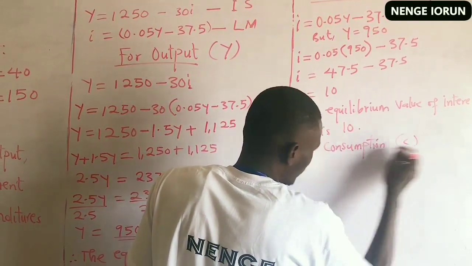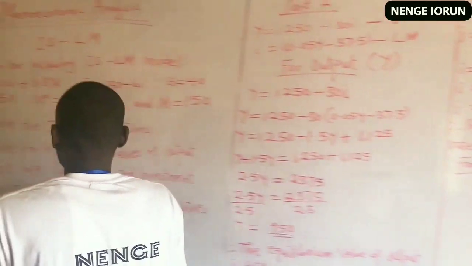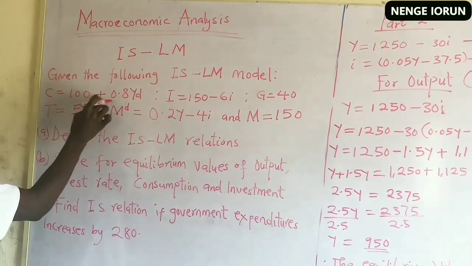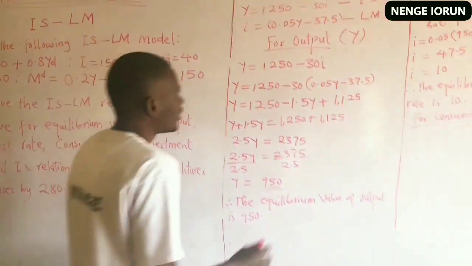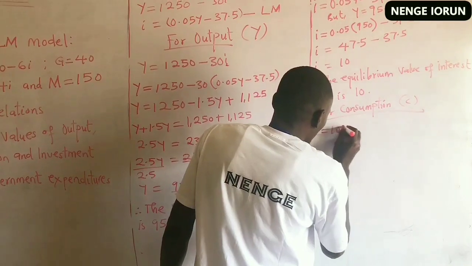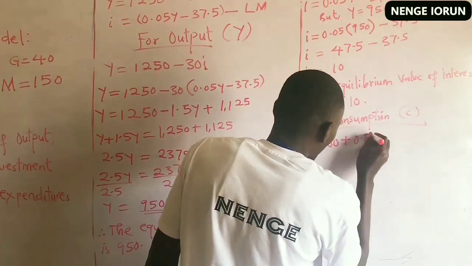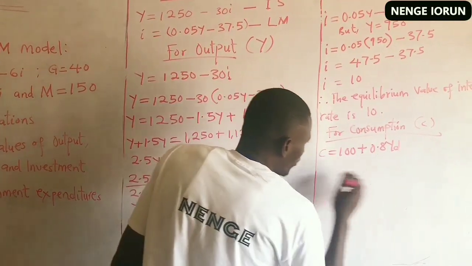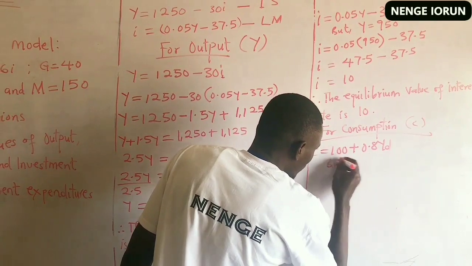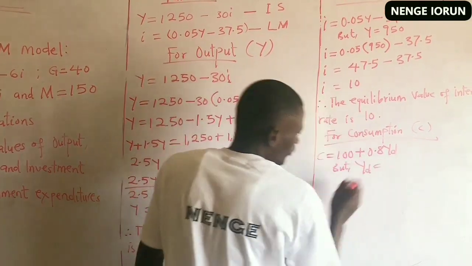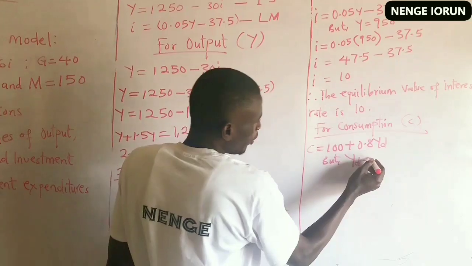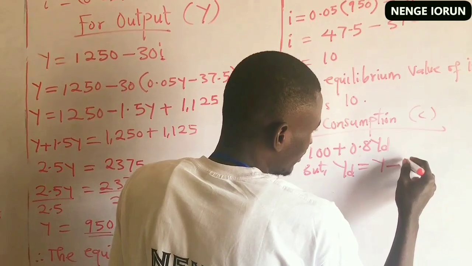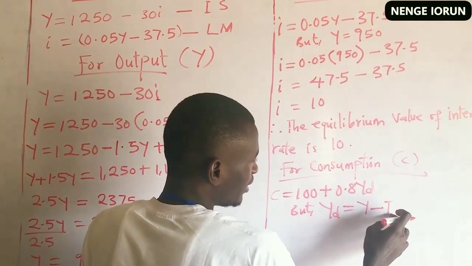Then for consumption, which is letter C, go back to the question. On the question you see consumption is given as 100 plus 0.8YD. Consumption is equal to 100 plus 0.8YD. Now you discover that YD is the disposable income, which is given as Y minus T, that is output minus taxes.